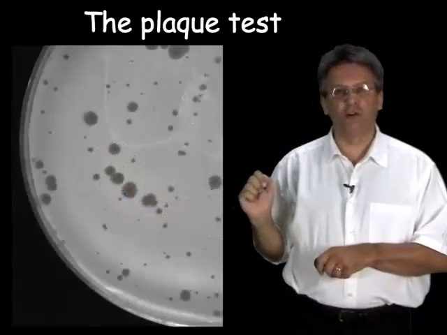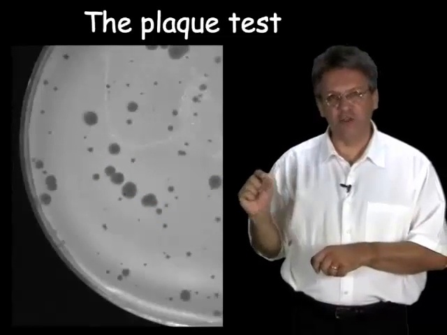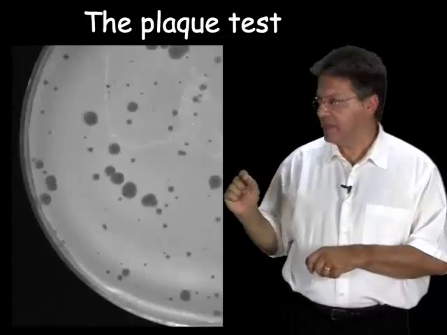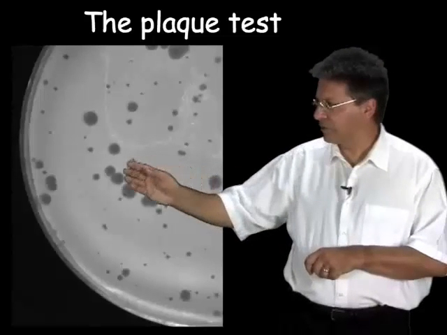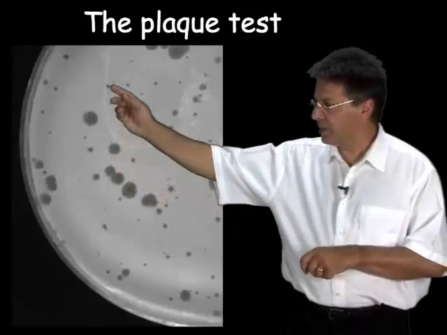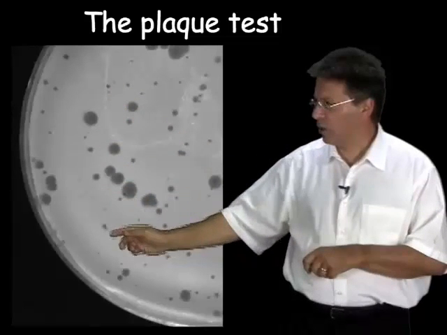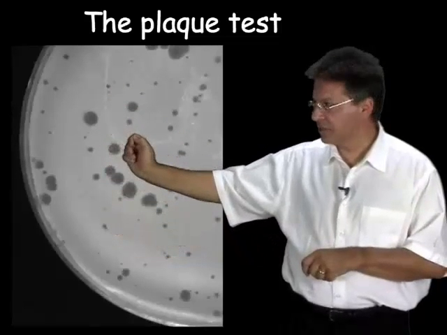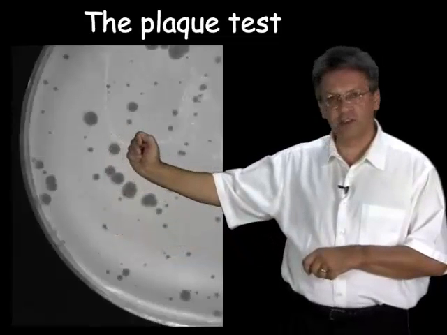And what he saw was that when he diluted out the sample sufficiently, he could see individual areas of killing, as you can see here, with smaller and larger areas where the cells are dead and where the viruses have grown.